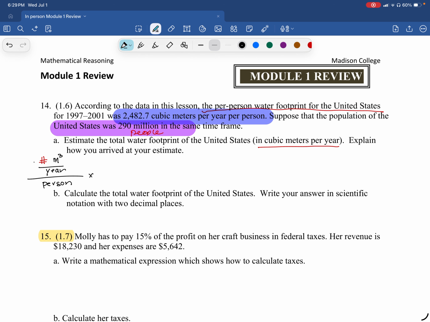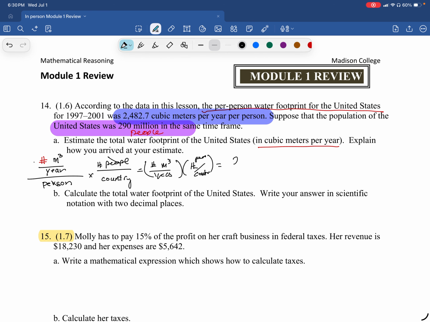So if we multiply this by the number of people in the country, the people will cancel, and we will get meters cubed per year times the number of people. That will just give us cubic meters, and that's per country.